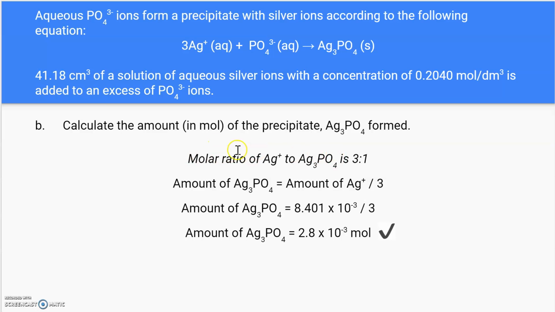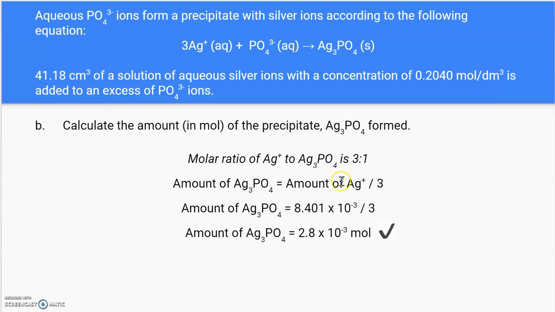Taking into account this relationship, we're able to know that the amount of silver phosphate, which is the amount that we want, is equal to the amount of silver ions divided by 3.